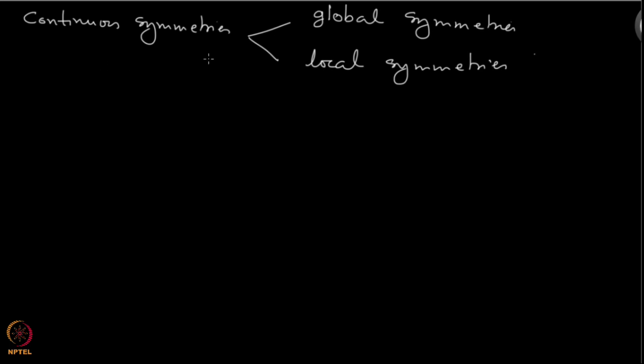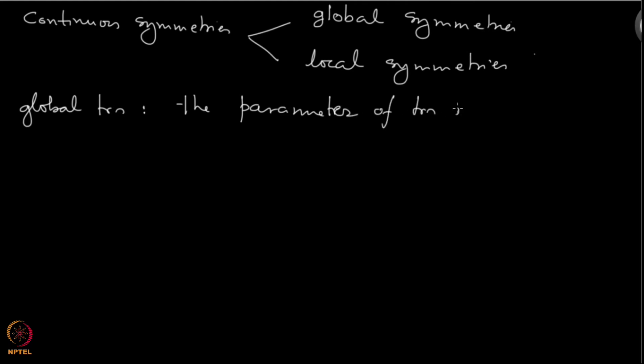Of course, in both of them you have one or more than one continuous parameter which parameterizes the transformation. But in the case of global transformation, the parameter of transformation is constant.